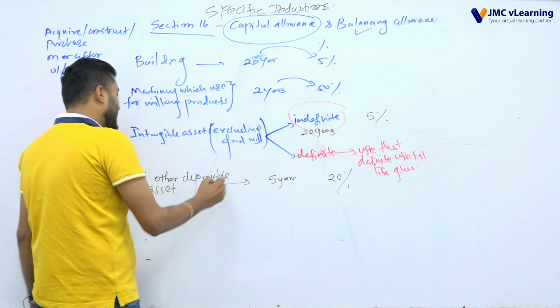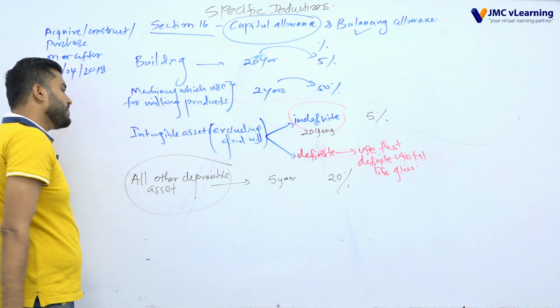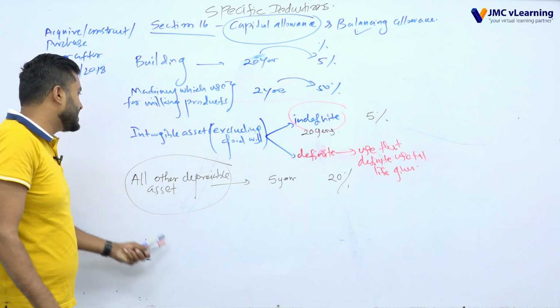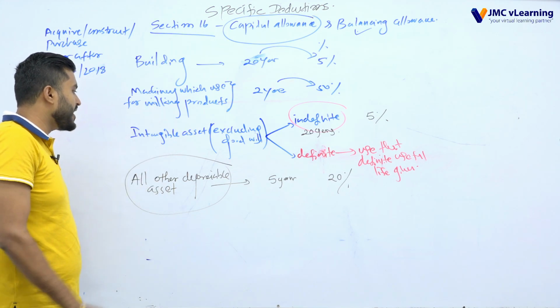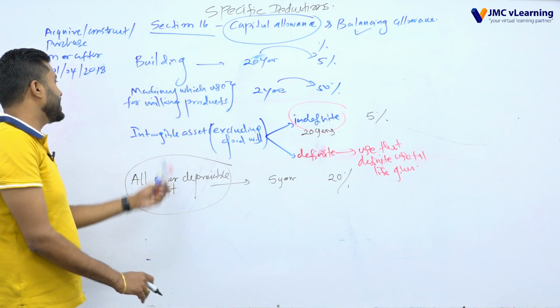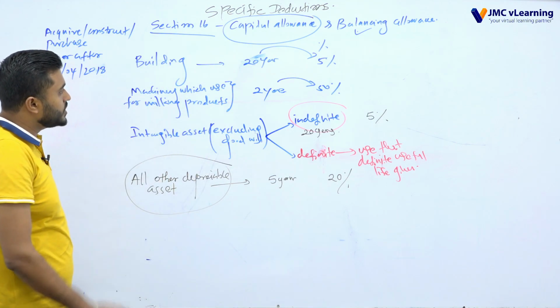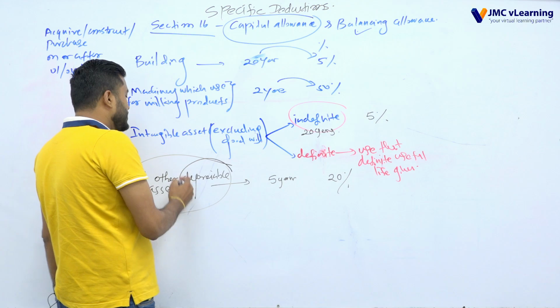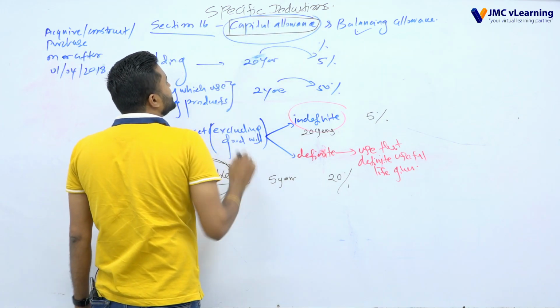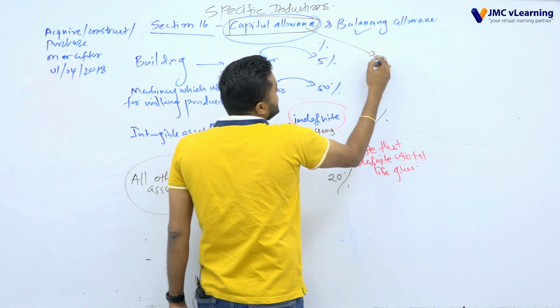This can include motor vehicles, furniture, equipment, fixtures, machinery which is not used in the milking product, anything other than the building, the machinery used for milking products, and the intangible. This capital allowance is only applicable for depreciable assets.